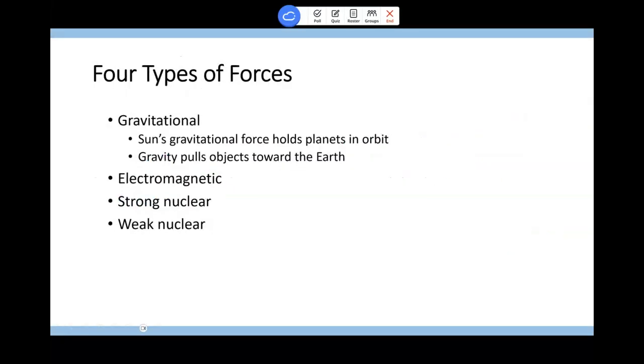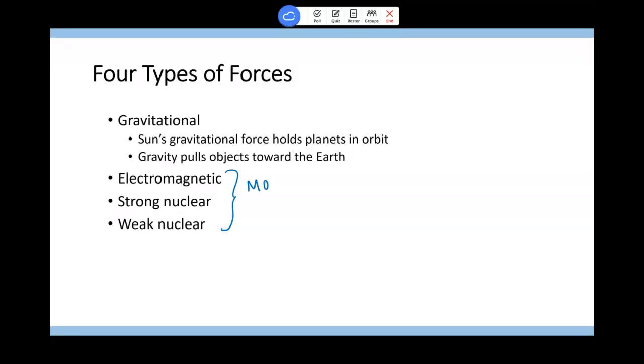I want to review a couple of forces. So we have gravitational force. That's like the sun's gravitational force holds all of the planets in our solar system in orbit. And then also on Earth, gravity pulls objects towards the Earth. So we have gravitational force, we have electromagnetic force, strong nuclear, and weak nuclear. All of these are more important when we're talking about really small particles like atoms.